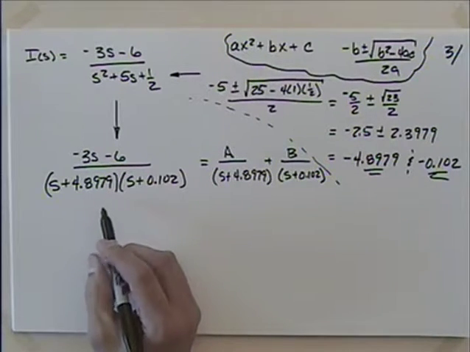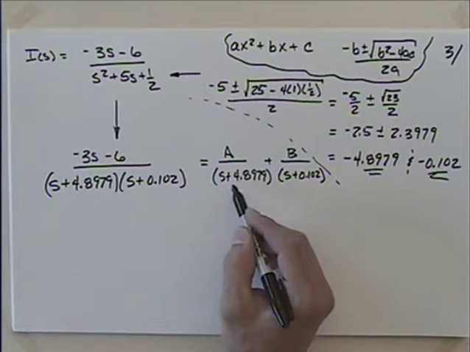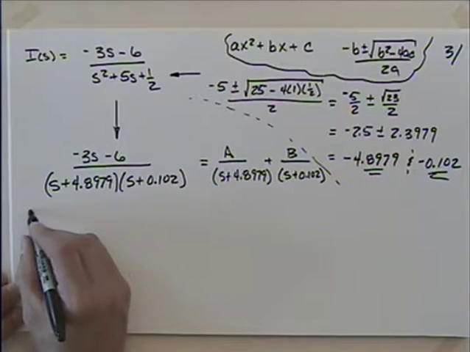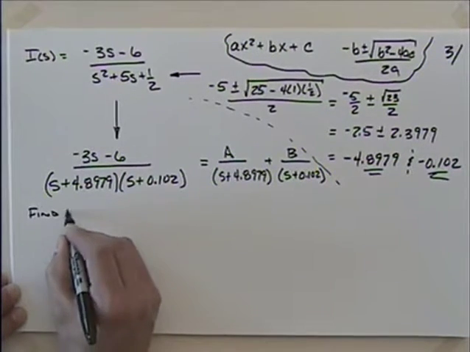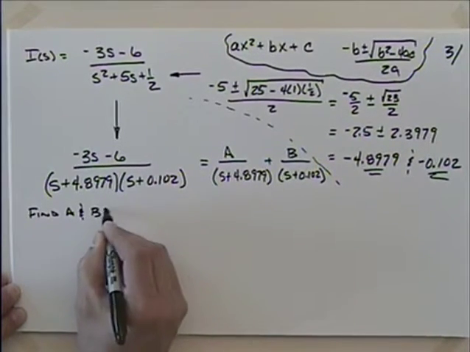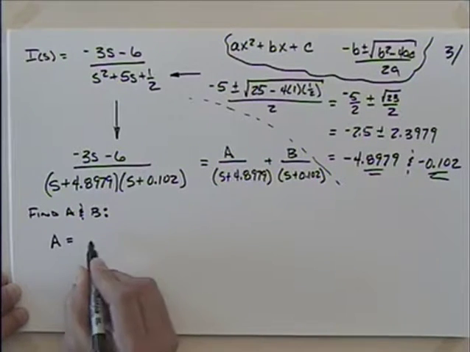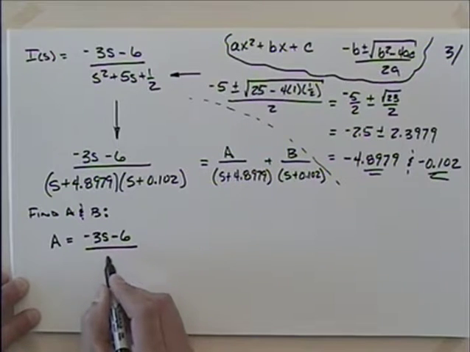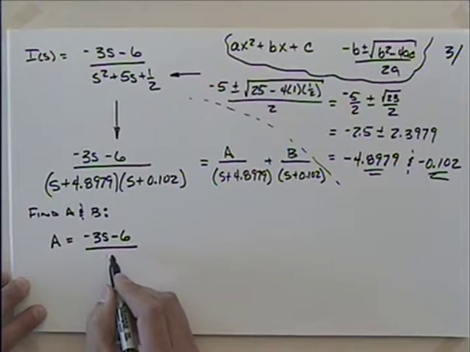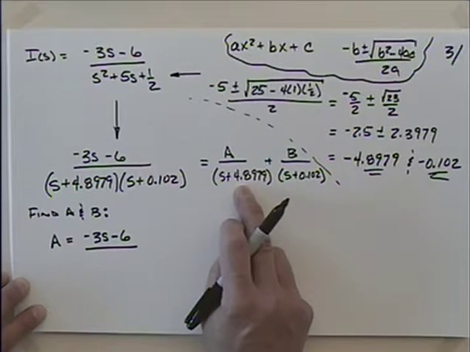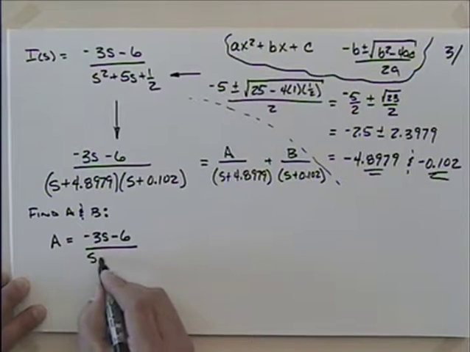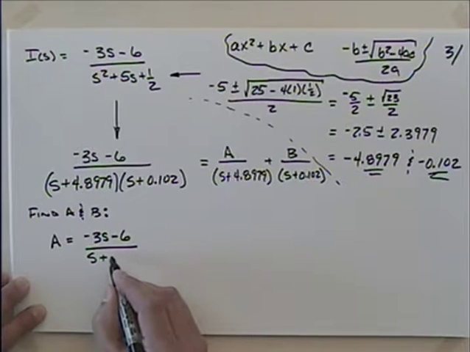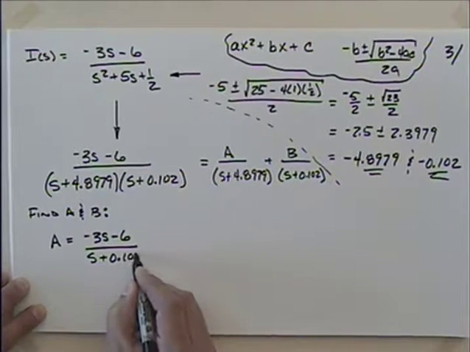So if I multiply both sides by this, I'll come up with a. I can say in finding a and b, we've got that a is equal to minus 3s minus 6 divided by, if I multiply both sides by that, I end up with s plus 0.102, is that right?